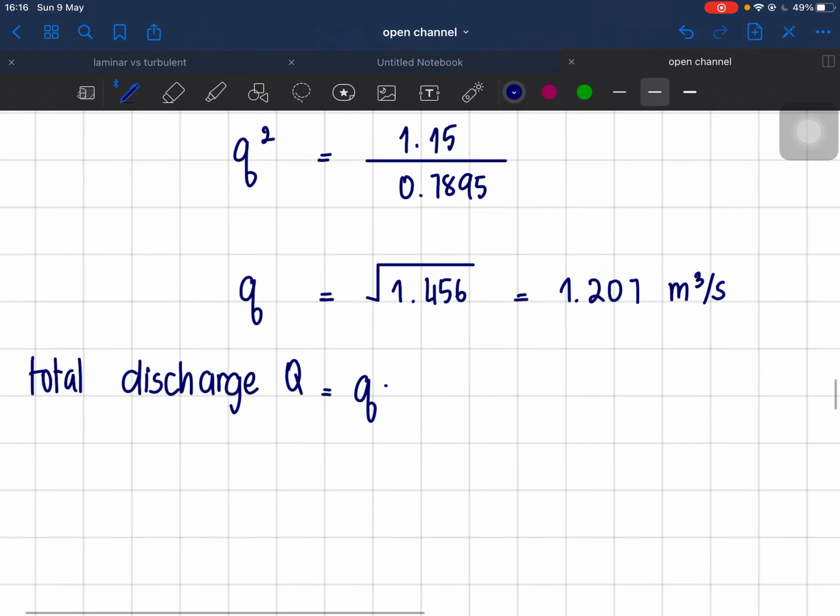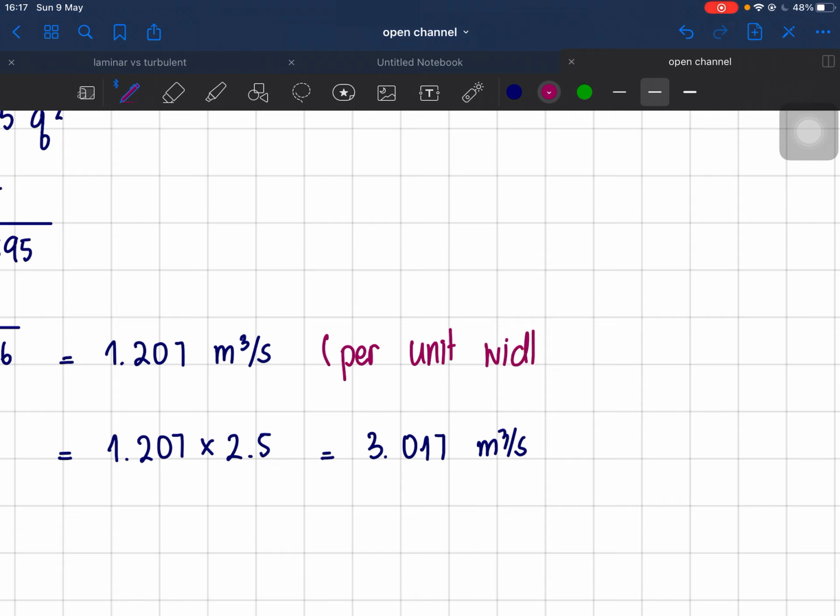So this one is per unit width only, but this one is the total.